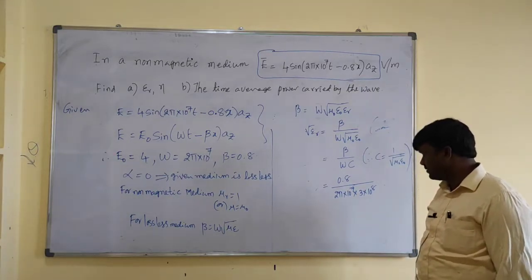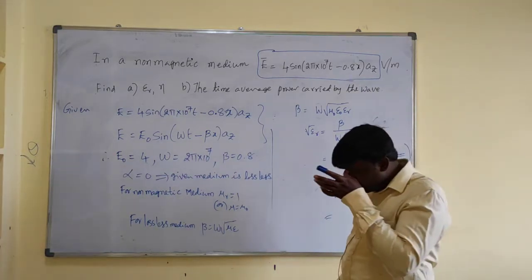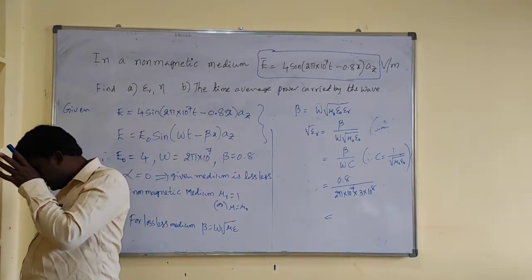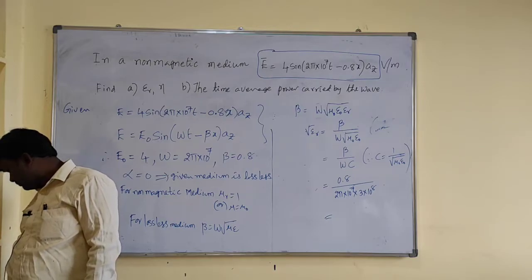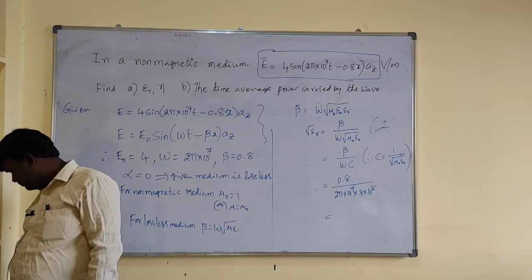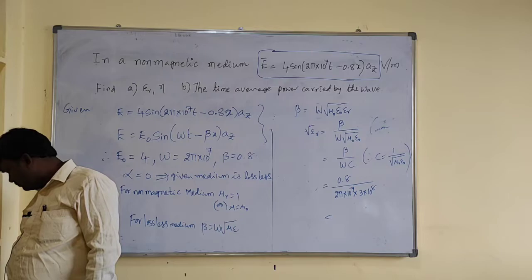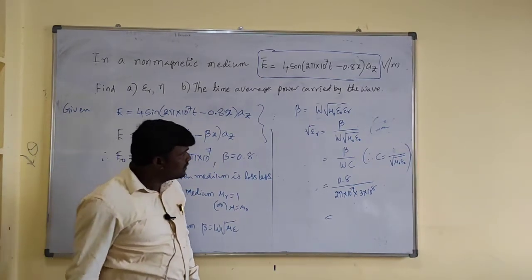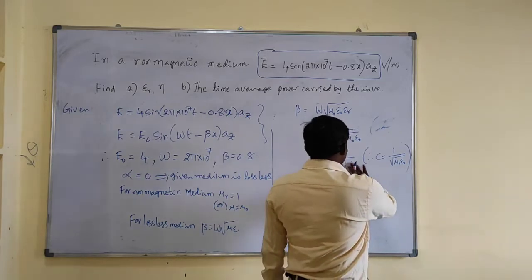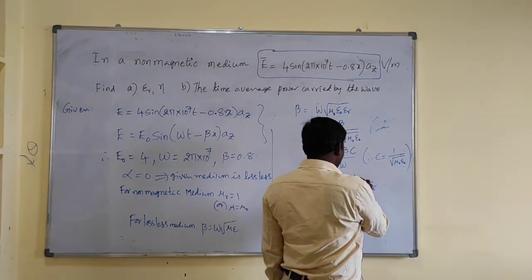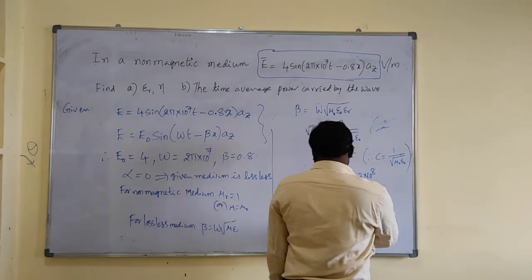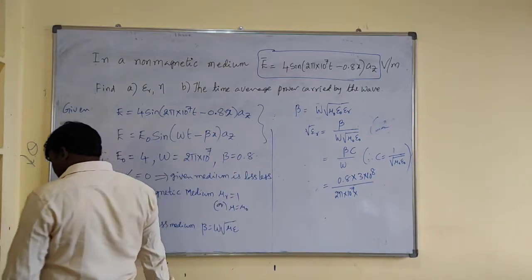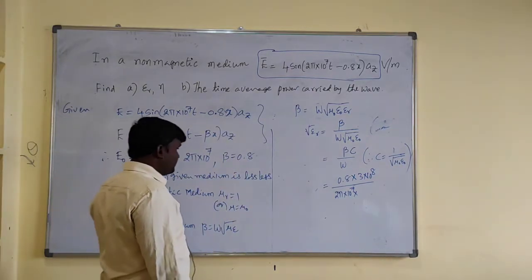After simplification, root epsilon r is 12 by 5.